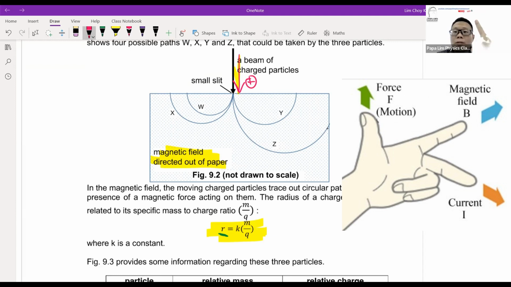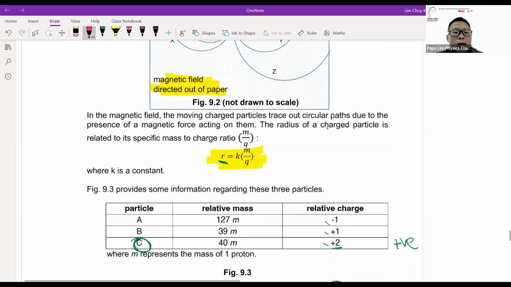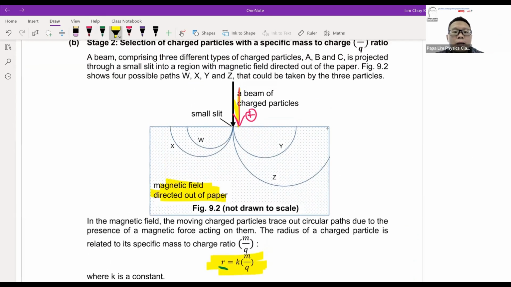The index finger should be pointing up or out of the paper. Your current should be pointing into the field line, or downwards, towards you. You let go of your thumb, you'll find that your thumb will point to the left-hand side. So which means the positive charge particle C will follow either W or X.